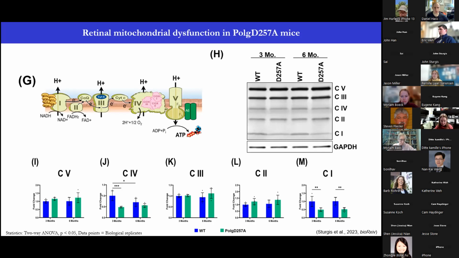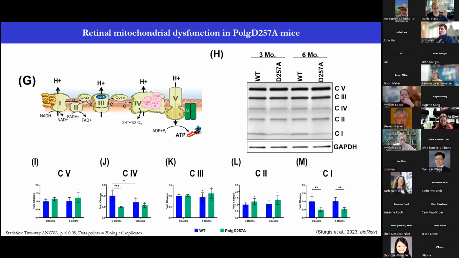Thanks. My question is a little bit more technical, and it's good that you brought up this figure, because at the 3-month stage you see 50%-ish loss, maybe more, of complex 1 and 4. Complex 4 is the thing that actually consumes the oxygen, and this is one subunit, so that's worth noting.